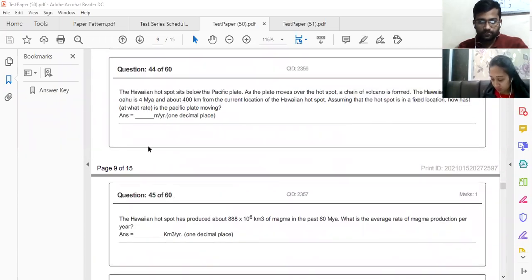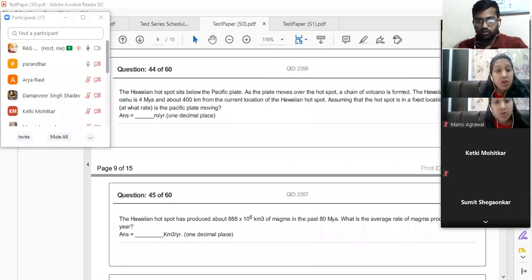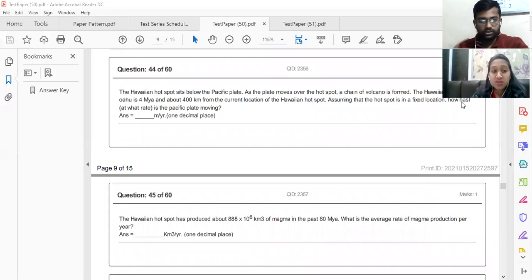The Hawaiian hotspot sits below the Pacific Plate. As the plate moves over the hotspot, a chain of volcanoes is formed. The Hawaiian volcano on Oahu is 4 million years old and about 400 kilometers from the current location of the Hawaiian hotspot. Assuming that the hotspot is in a fixed location, at what rate is the Pacific plate moving?